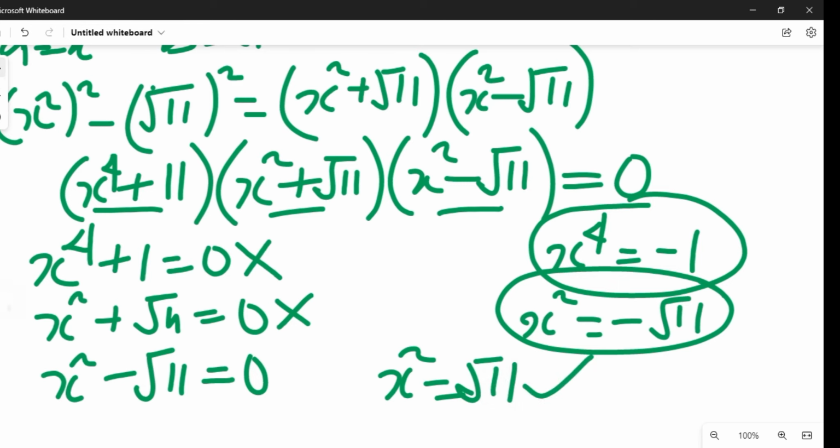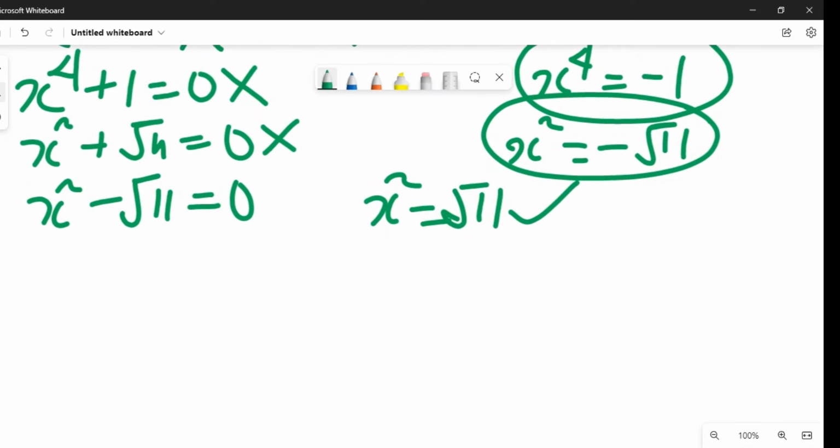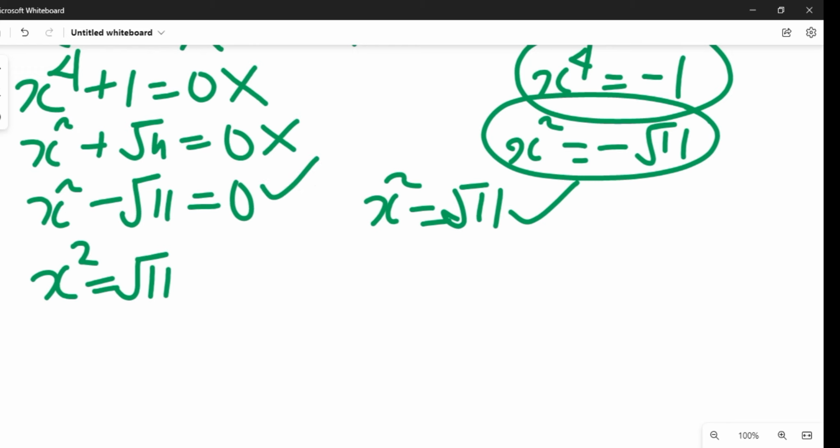So we're going to pick it up and then finish up with it. So we are going to analyze this to give us the final value of our x. If we simplify that equation, that will give us our x squared to be equal to square root of 11.